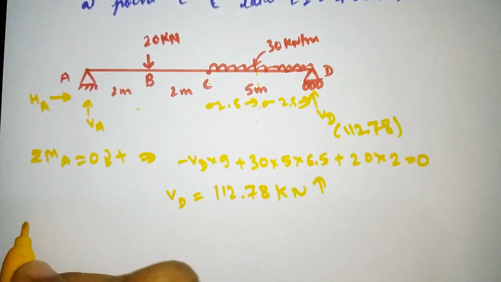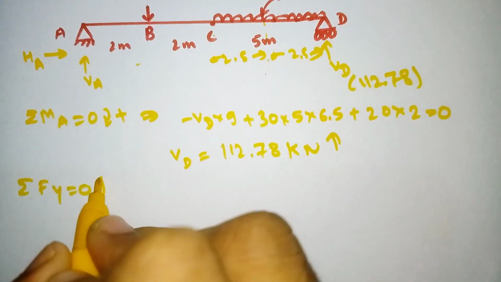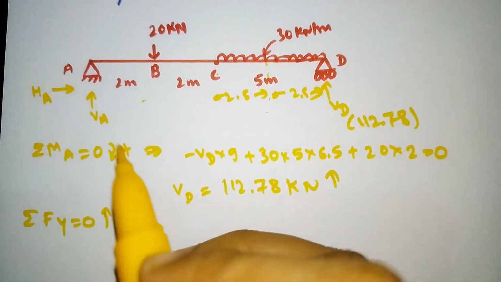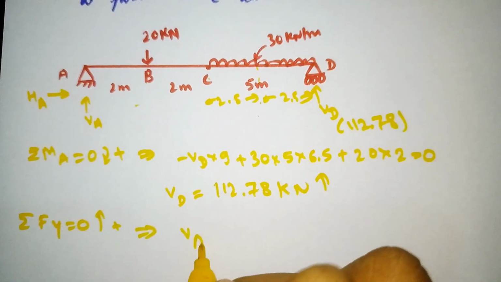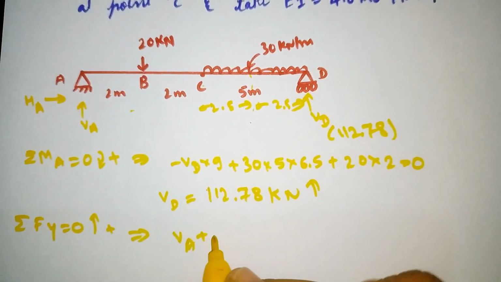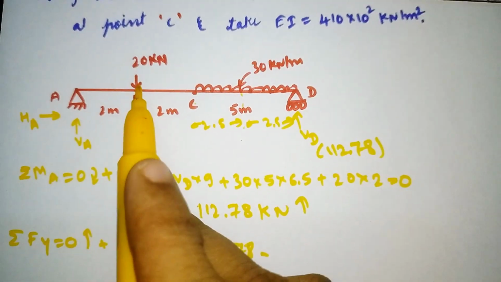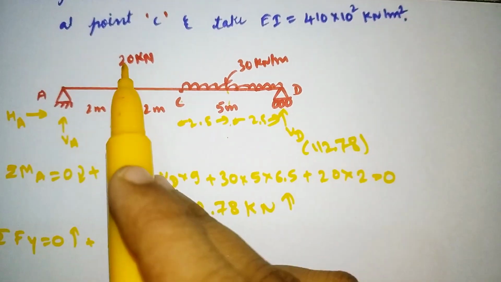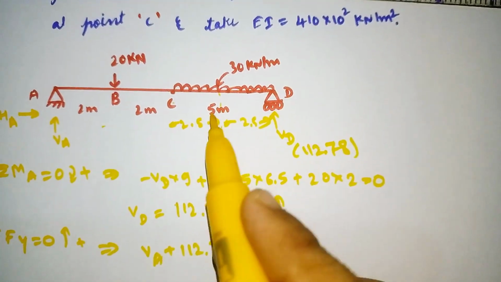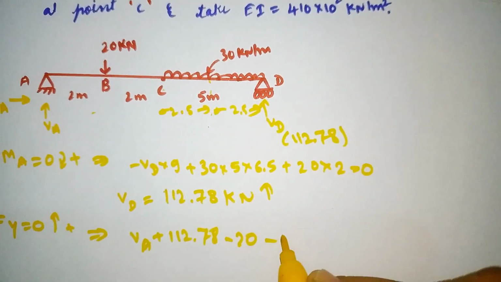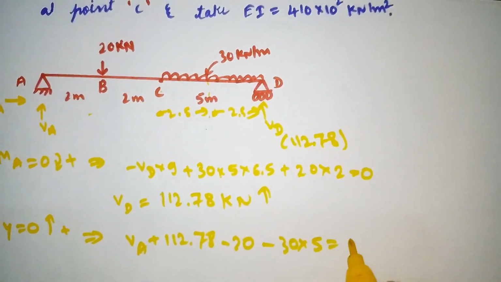Similarly for VA, summation of all the vertical forces is equal to 0. Upward forces we take as positive. Here VA and VD are moving upward. So VA plus VD, the value we got was 112.78, minus 20, since one point load is acting downward, and minus the UDL, 30 into 5, is equal to 0.